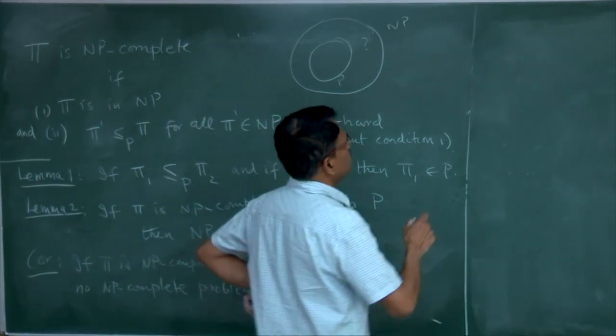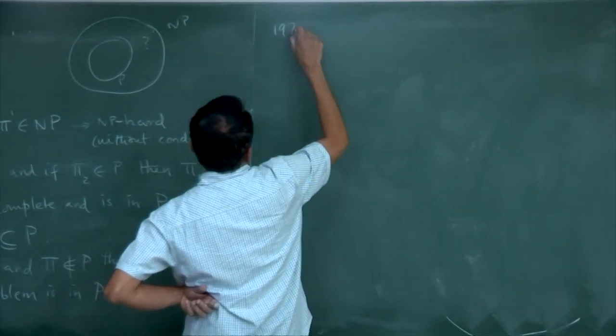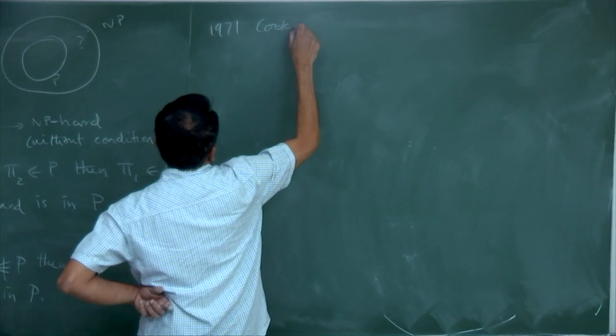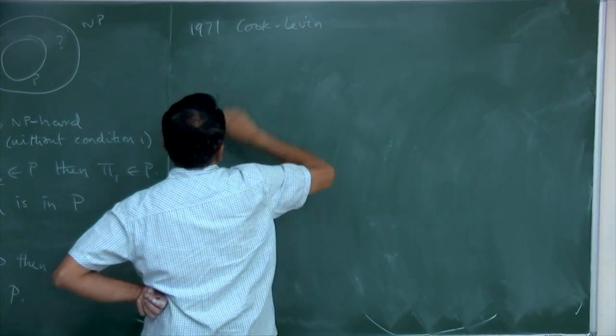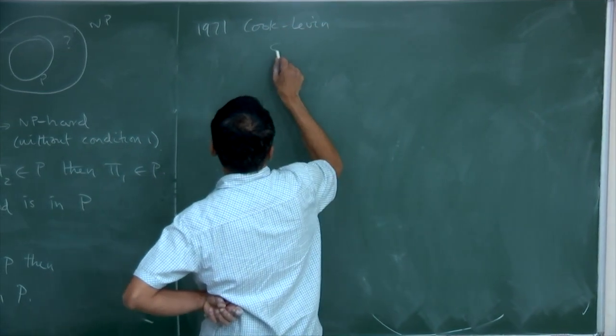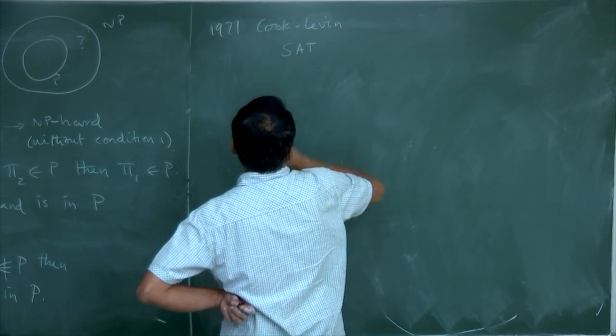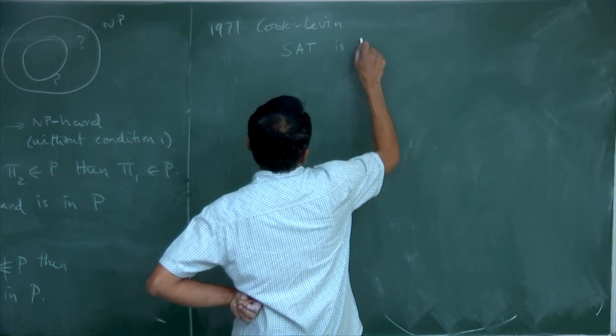Okay, so in 1971, when this whole theory started, Cook and Levin showed that this problem of satisfiability is NP complete.